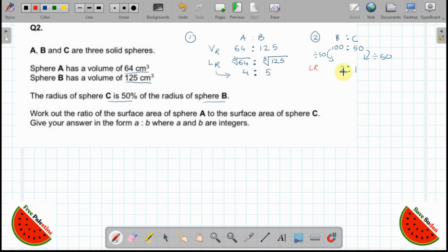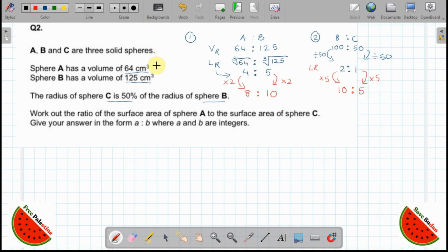To do that, I'm going to multiply this by 5, so it becomes 10. That's because this number is 5, and I'm going to multiply this number by 2, so it becomes 10. And to maintain the equivalence of the ratio, I'm going to multiply this by 2. So the length ratio from A to B becomes 8 to 10, and the length ratio for B to C becomes 10 to 5. Okay, now I'll carry on.